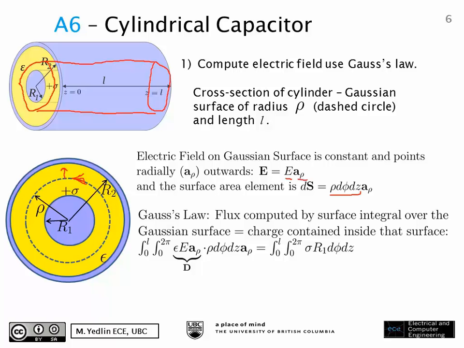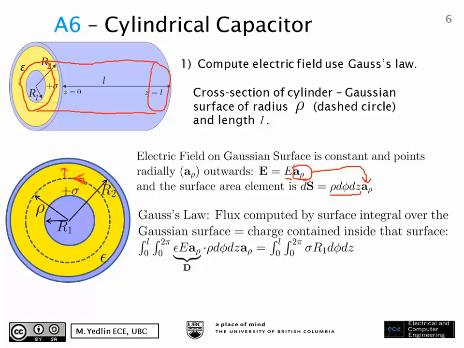So this is a feature of Gauss's law, that we always pick our surface on which the electric field is a constant and directed radially outward, in this case in the same direction as dS. That means any dot products we do are very simple, and the integral becomes a simple scalar value times the area of the Gaussian surface.